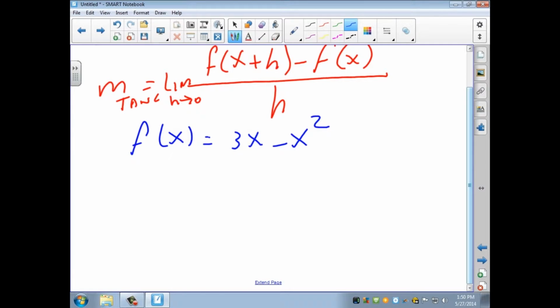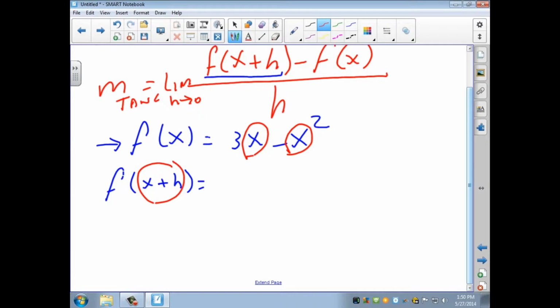The first step is to figure out f of x plus h. In other words, you evaluate this function at x plus h. So every place you see an x, which is here and here, you plug in x plus h.